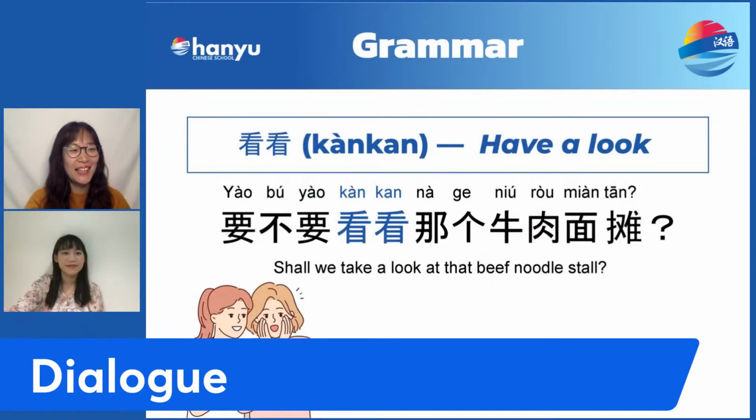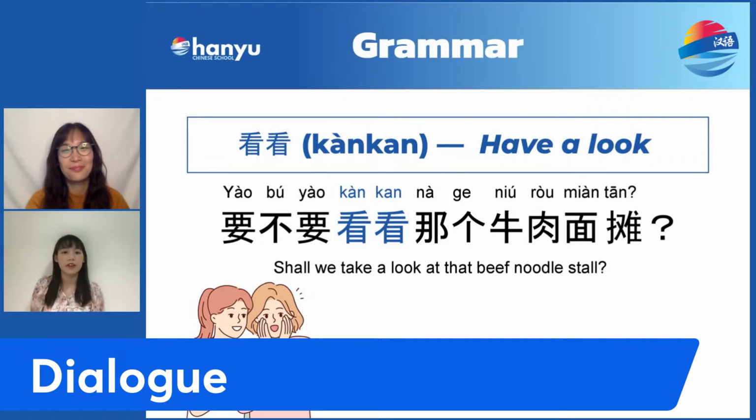Okay, let's talk grammar. If you've noticed those doubled-up verbs like 看看, 试试, or 听听, you're not imagining things. It's called verb duplication, and it's everywhere in Chinese conversation. So it's not just for fun or style. It has a very specific purpose. Verb duplication makes your speech more casual, polite, and even a little bit playful.